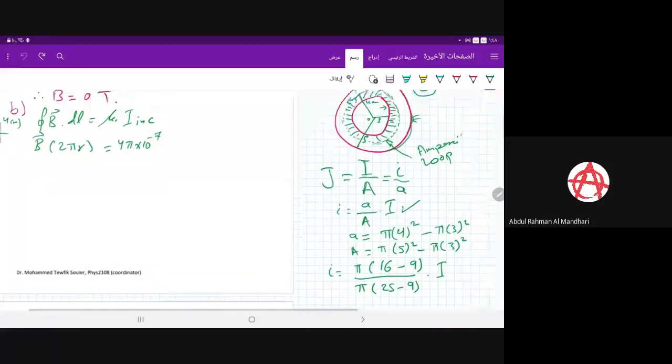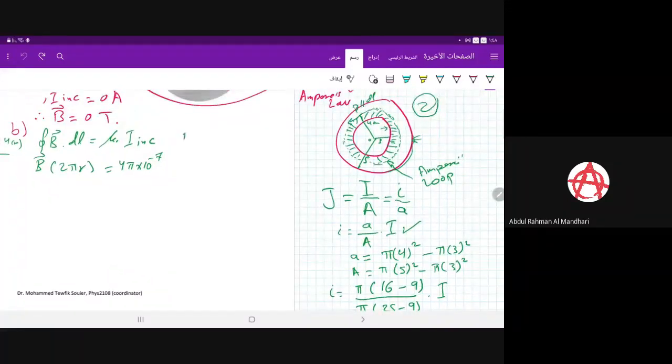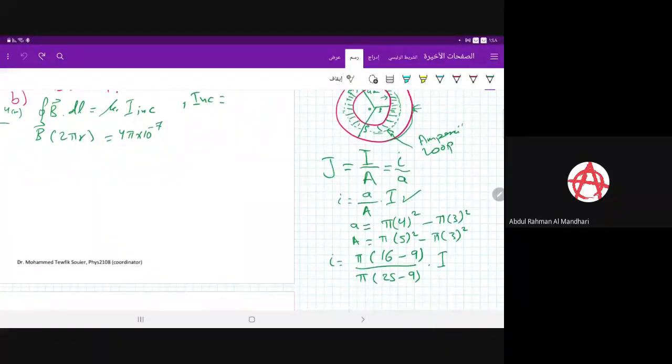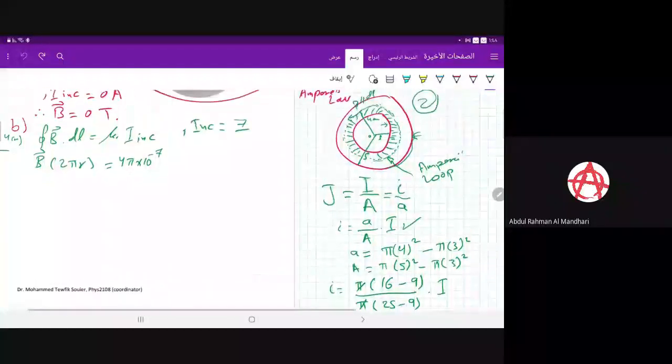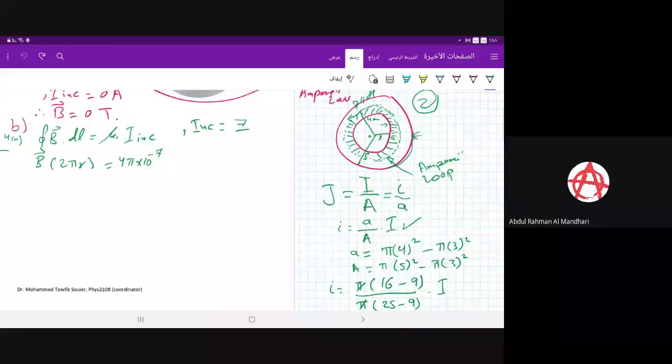So what should I write here for I enclosed? I enclosed equals pi times 16 minus 9, which is 7, divided by 25 minus 9, that will be 16, into I, which is 50.